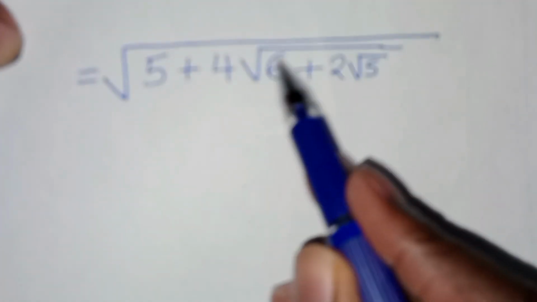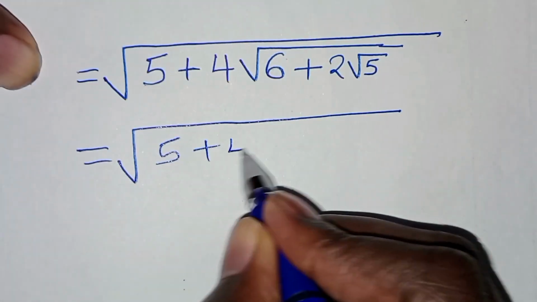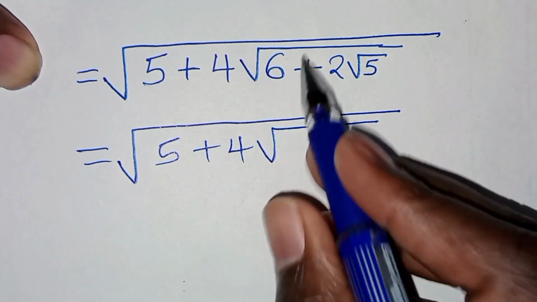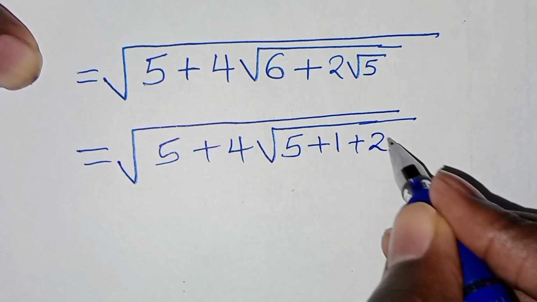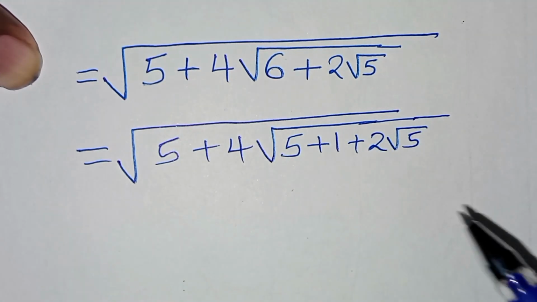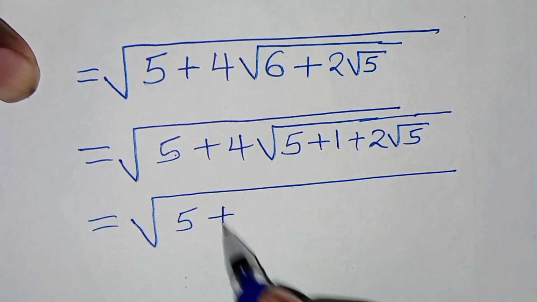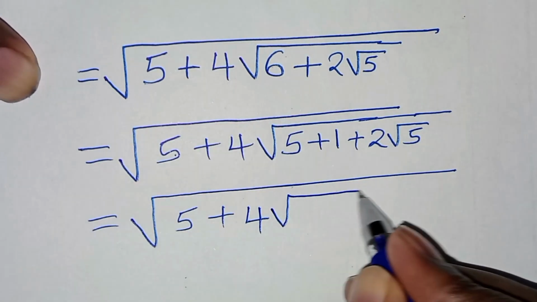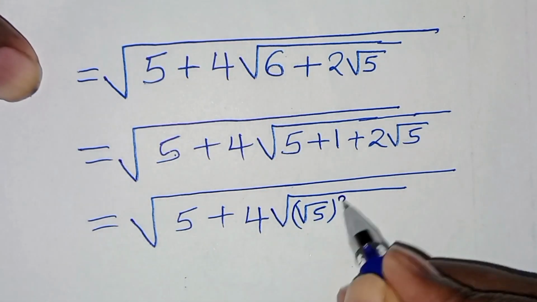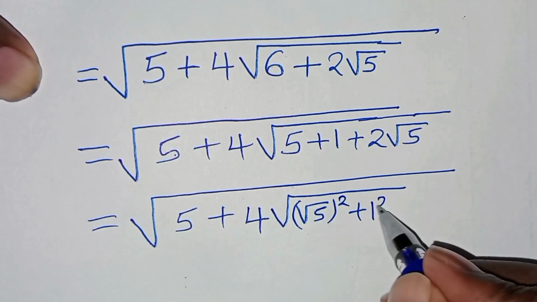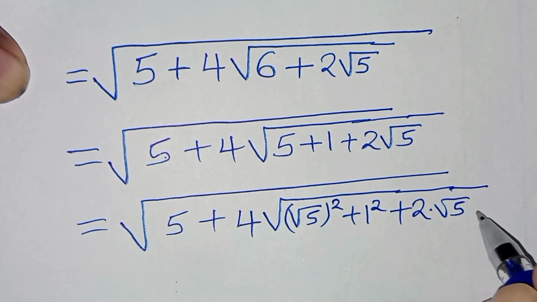Now from here, we can express 6 as, now this is the square root of 5 plus 4, then square root of 6 can be expressed as 5 plus 1, then plus 2 square root of 5, which you can further express as, now here we have 5 plus 4, then square root of, now we can express 5 as square root of 5 squared, then plus 1 squared, then here plus 2 times square root of 5, then times 1.